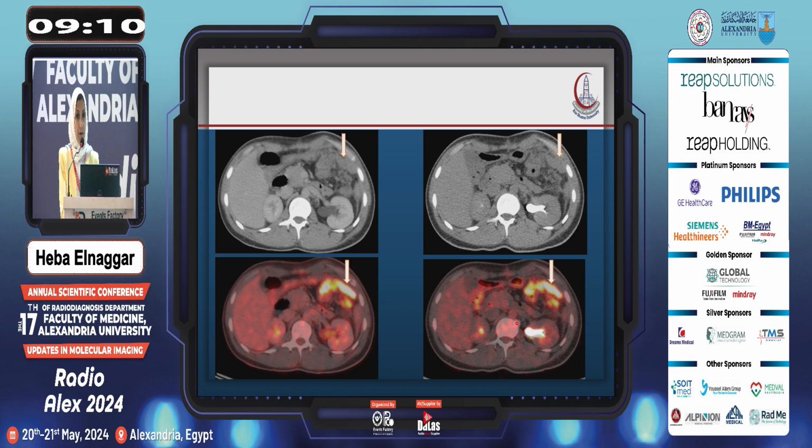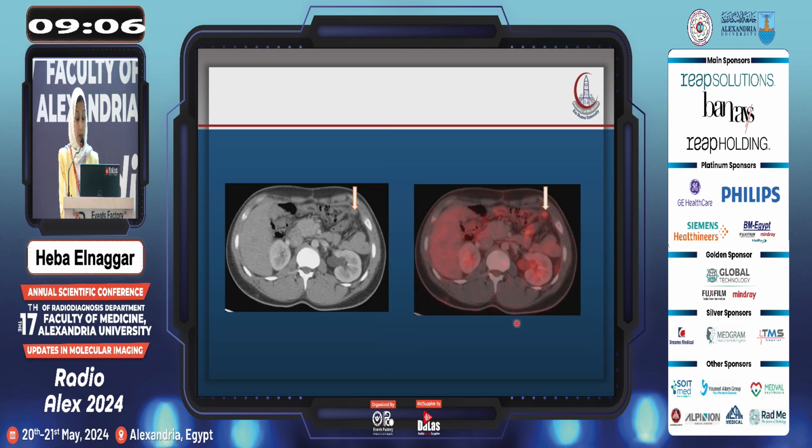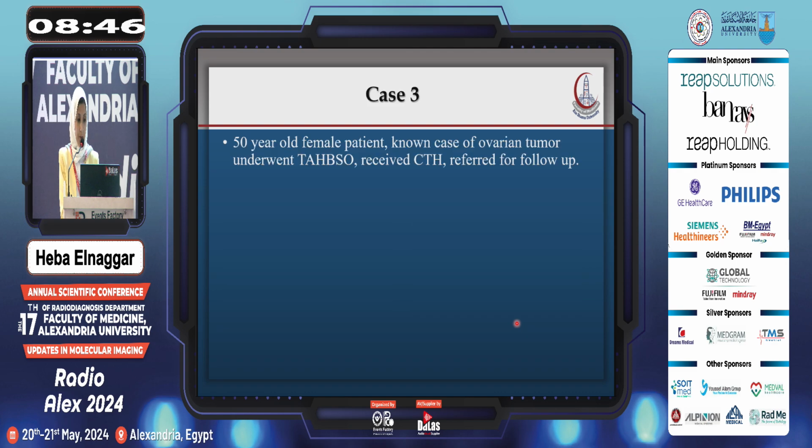This patient received chemotherapy and was referred for follow-up after 3 months, and here you can see the dramatic response of the peritoneal deposit, now small in size, 1 centimeter, and showing low-grade FDG avidity compared to the pre-therapy uptake. So this case was reported as excellent metabolic response to therapy.